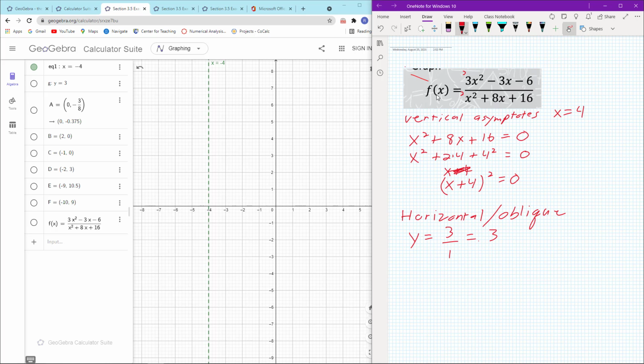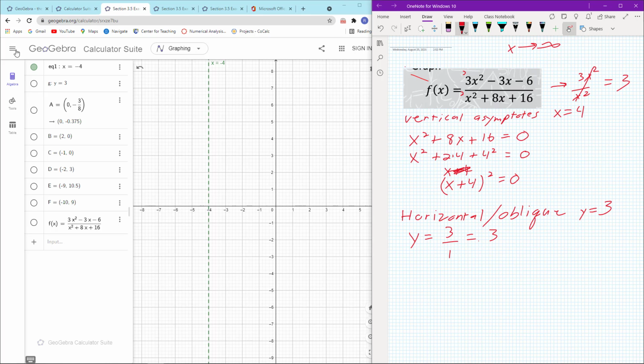And once again, if x becomes very, very large, these terms become much more dominant compared to the other terms. So this would approach 3x squared over x squared for large values of x. And of course, these would cancel, and you would have 3. So there is a horizontal asymptote at y equals 3.